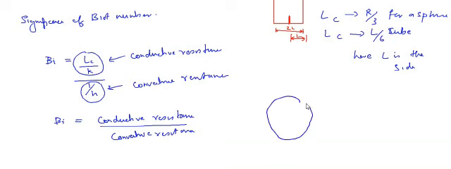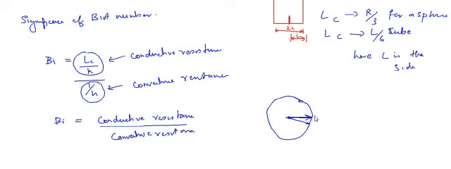If you take a material, some metal block or something like that, we know that there is heat transfer inside the block, from the center to the surface. Mostly if it is a solid, this heat transfer is conductive heat transfer. Now if the conductive resistance is high, you can see that there will be a temperature gradient.